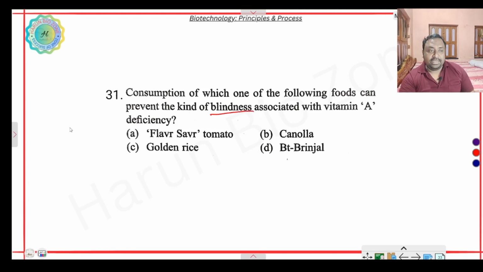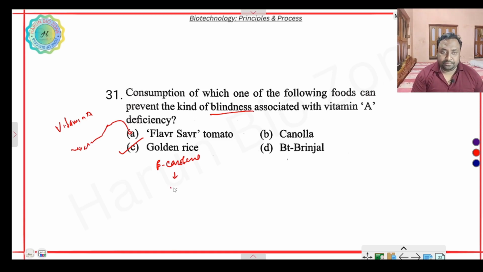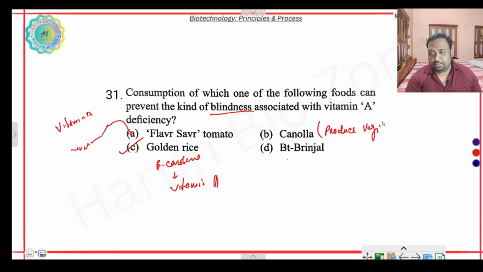The blindness means vitamin A. Here, blindness means golden rice. The golden beta carotene gene produces vitamin A. Canola seed oil produces vegetable oil.